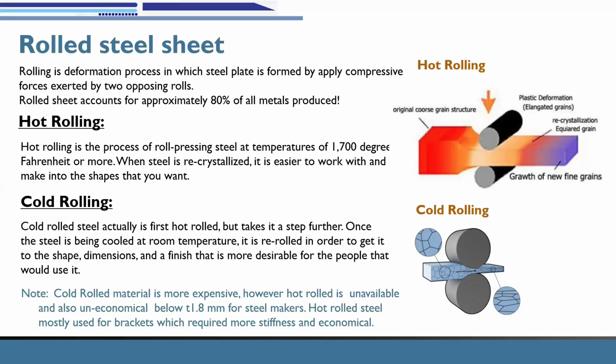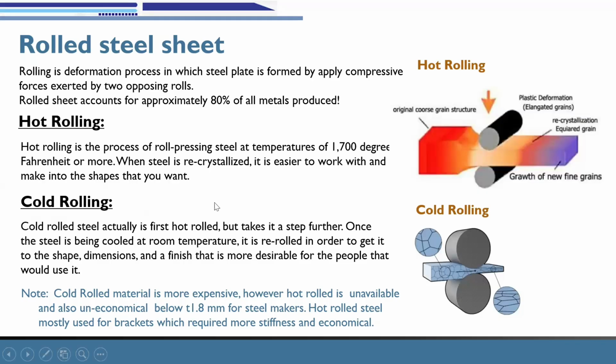In order to get the steel sheets, it will be passed through rollers to get the desired thickness. Some rolled sheets will be formed in the molten, that means high temperature stage itself. That material we call a hot rolling sheet.